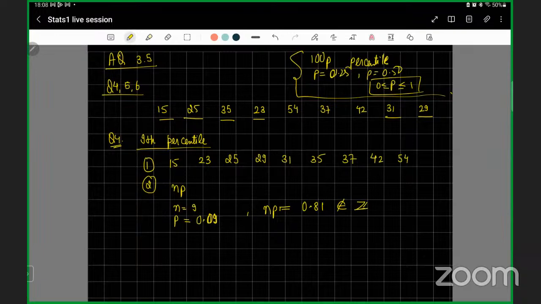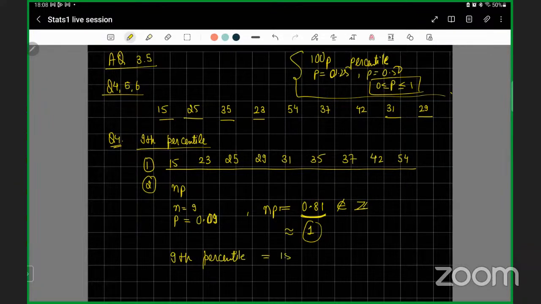So if np does not belong to Z, then we look for the integer that is just greater than this value. Just greater than 0.81 is 1. So in this arranged data, you look for the first data value, because you got np to be 1. So your 9th percentile is 15.